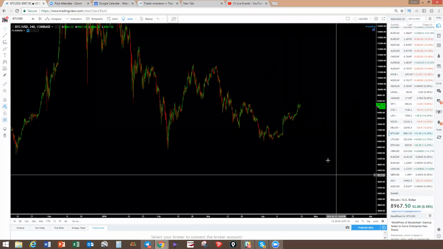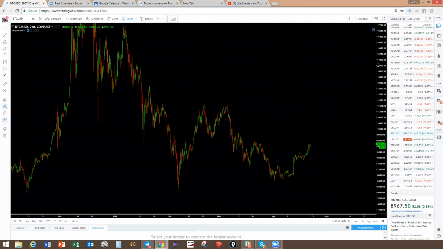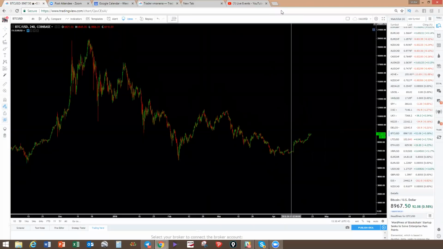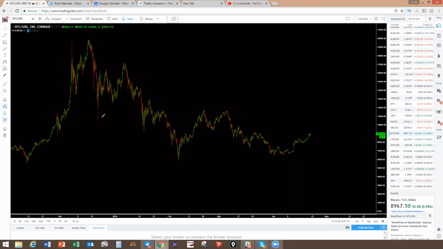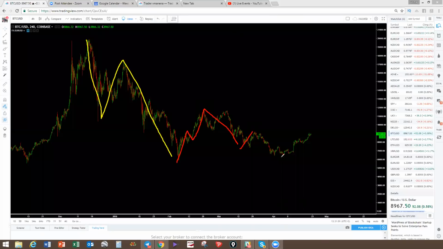Let's load it up. What have we been looking at on Bitcoin and all the cryptocurrencies? All the moves are similar. You've got this 1, 2, 3 down, and those are 3-wave moves, WXY. So we had this 3-wave pullback, 3-wave pullback, and now we're getting this one, and then down.